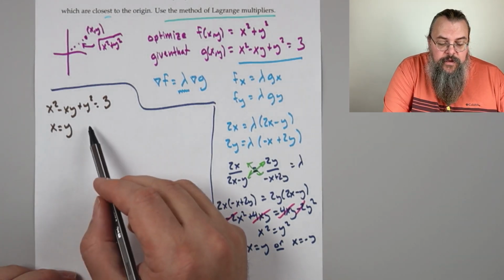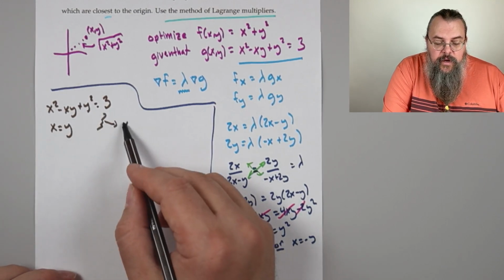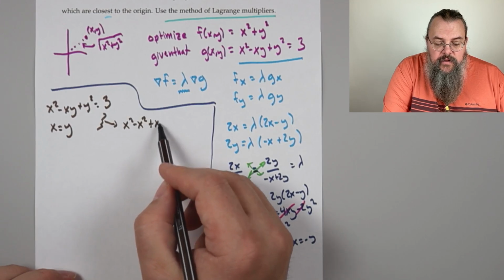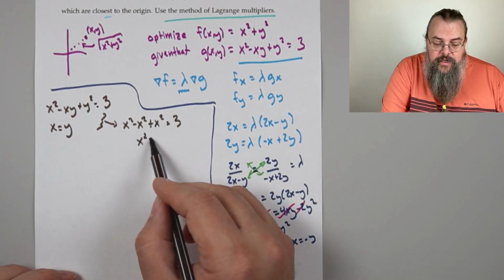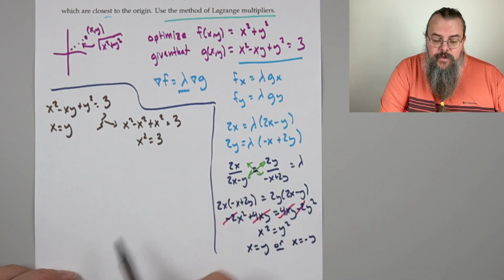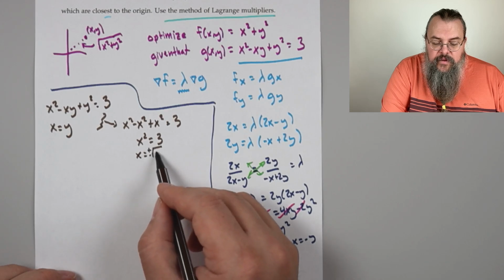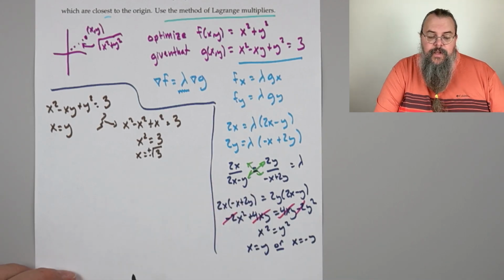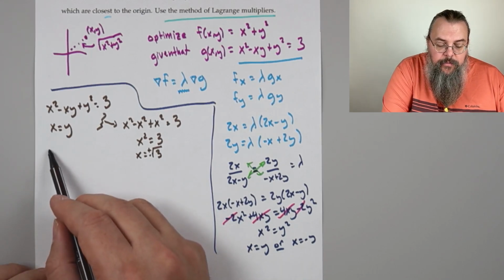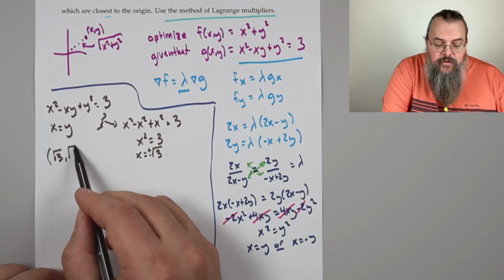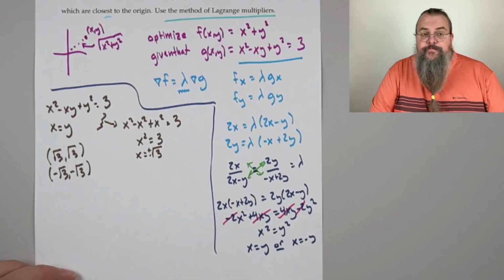If x equals y, then this becomes x squared minus x squared plus x squared equals 3, or x squared equals 3, which tells us that x is equal to plus or minus square root of 3. Since y equals x, that gives us points, namely square root of 3, square root of 3, and minus square root of 3, minus square root of 3.